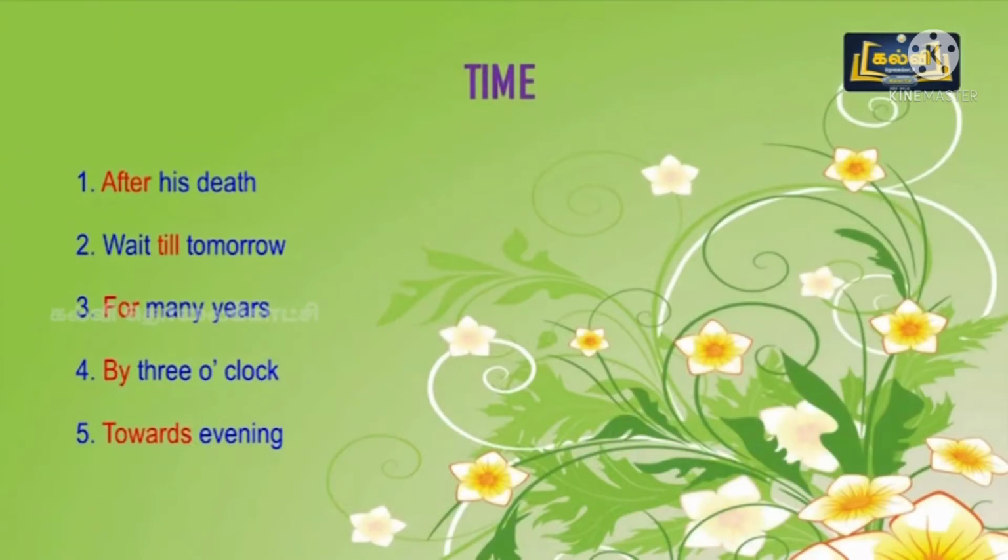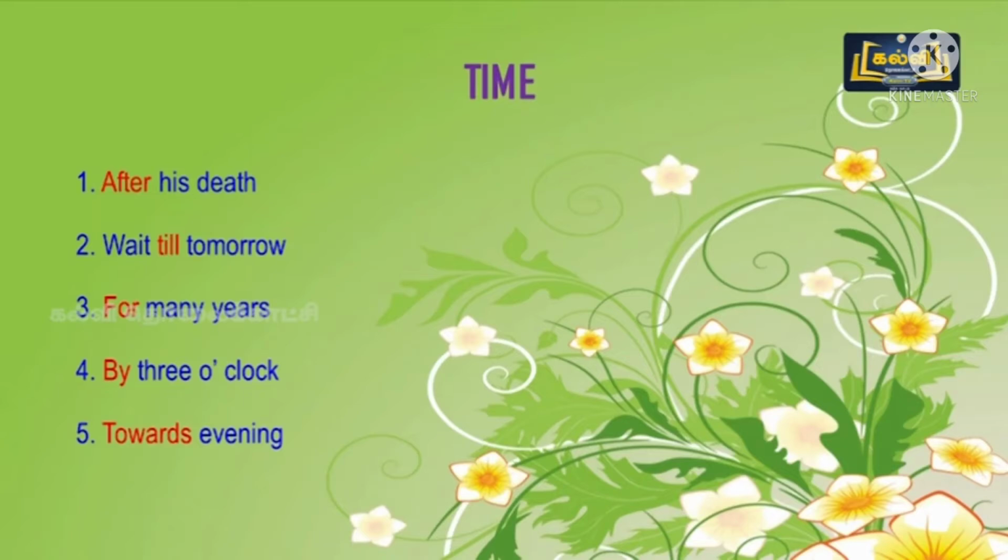Next one, time. Let us see the prepositions with time. First one is after his death. Here after is the preposition. It doesn't denote place. It denotes time. Second one, wait till tomorrow. Here till is the preposition.